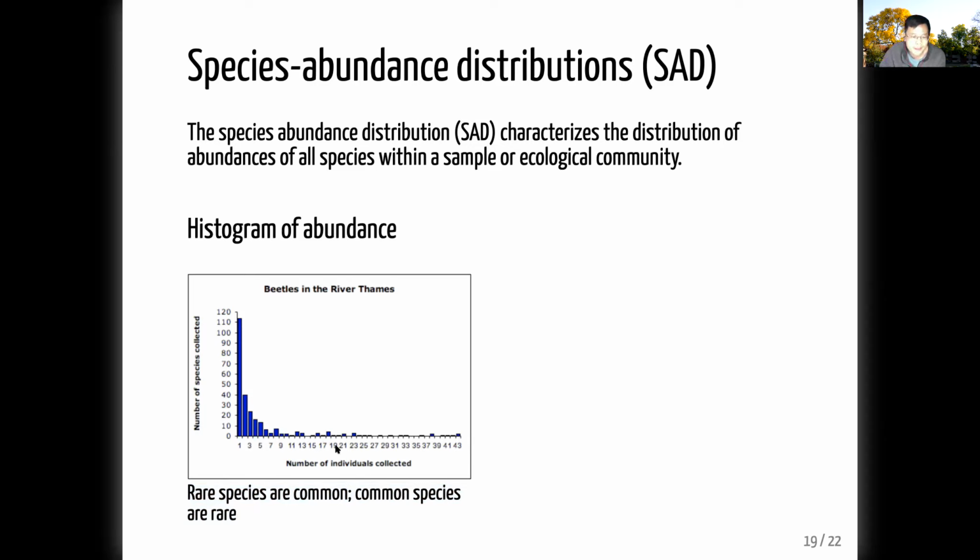Okay, so the downsides of this way of visualizing species abundance distribution is that we need to group species, and by grouping species, we potentially lose some information there. And also we need to think about the size of the bin.